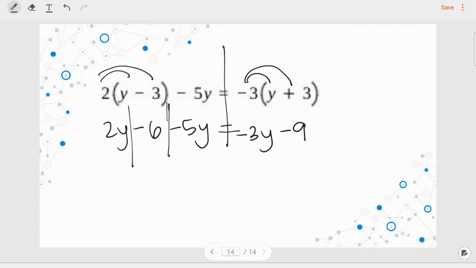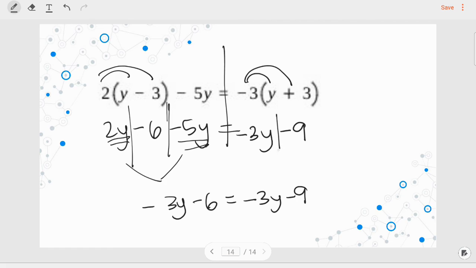So do what I can do to combine like terms. 2y and negative 5y combine to give me negative 3y. And negative 6. Negative 3y and negative 9. I notice that if I look at those terms, they do not combine. Draw my line. Let's prove our answer with algebra.